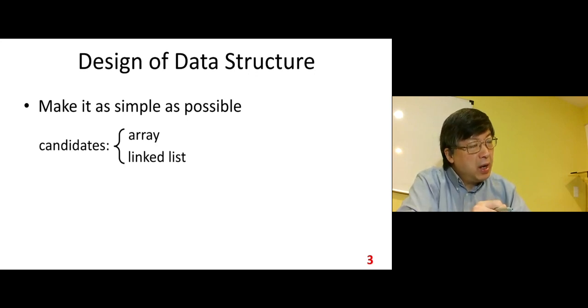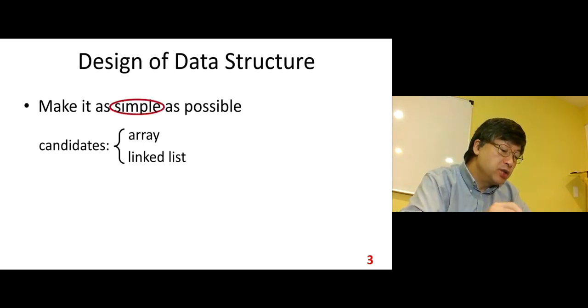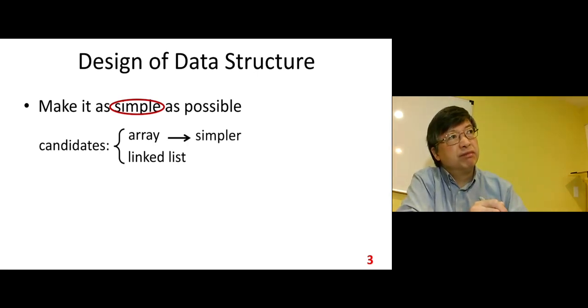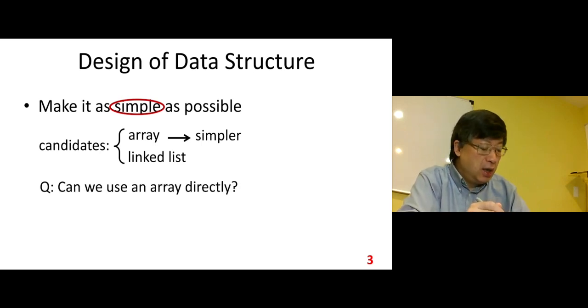We use array a lot, but we rarely use linked list because in a lot of things we do not feel very comfortable with it. We want our data structure as simple as possible, so we choose array rather than linked list.